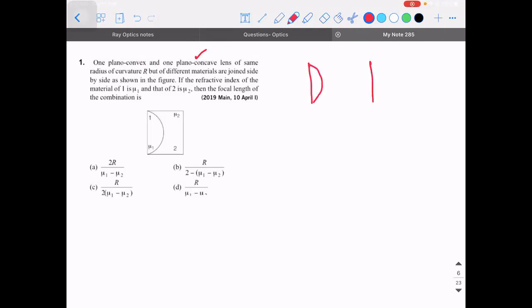These two are joined together to get the shape. If the refractive index of material 1 is mu1 and that of 2 is mu2, then the focal length of the combination is how much?